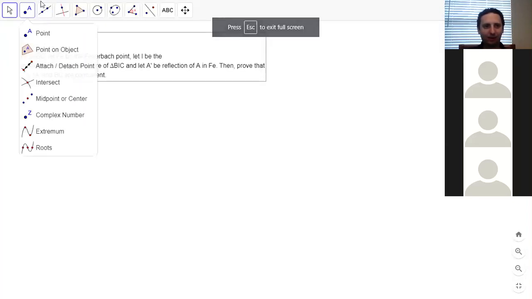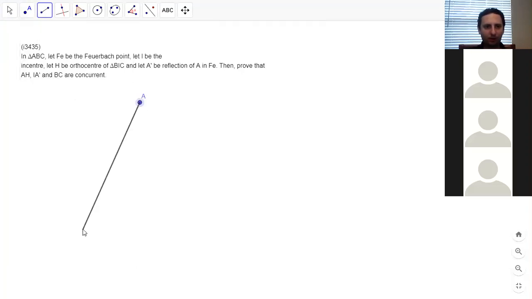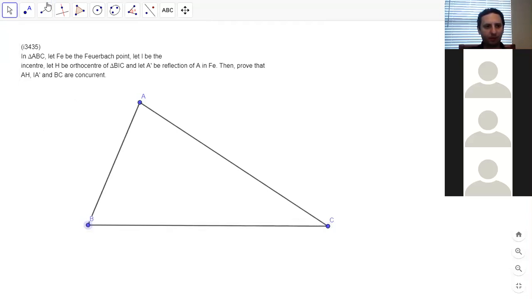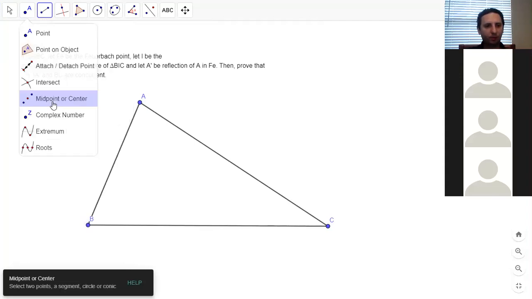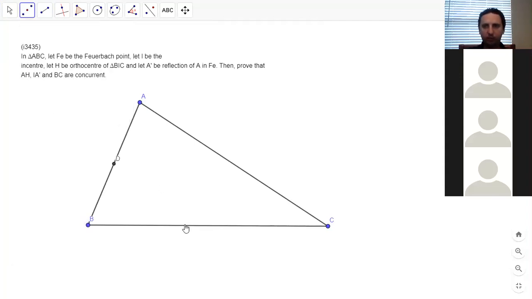So in triangle ABC, we have the Feuerbach point. Honestly, there are very few problems I've solved with the Feuerbach point. So let me draw the 9-point circle. We try to draw things symmetrically.